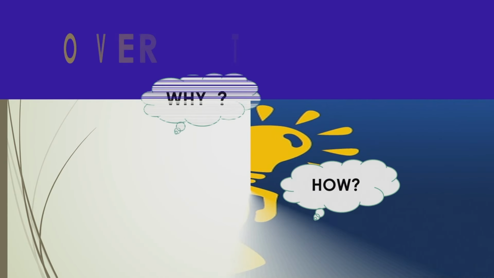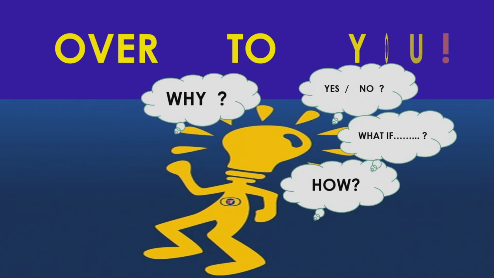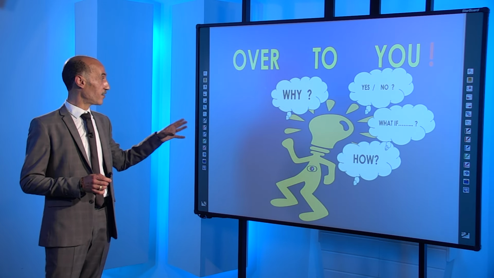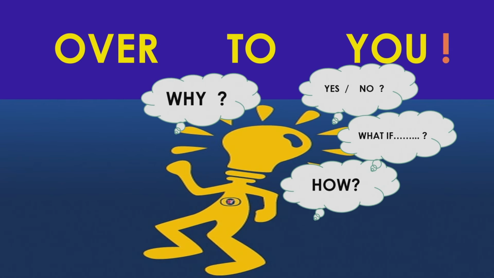Now, we move on to a rubric which is entitled Over to You. Here, you have certainly understood that we'll think, we'll brainstorm ideas, and we'll ask and answer some questions. Right.